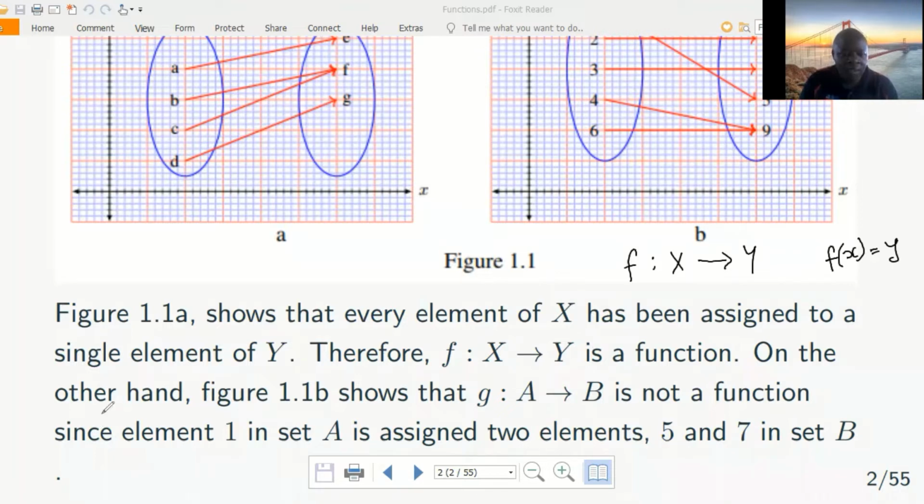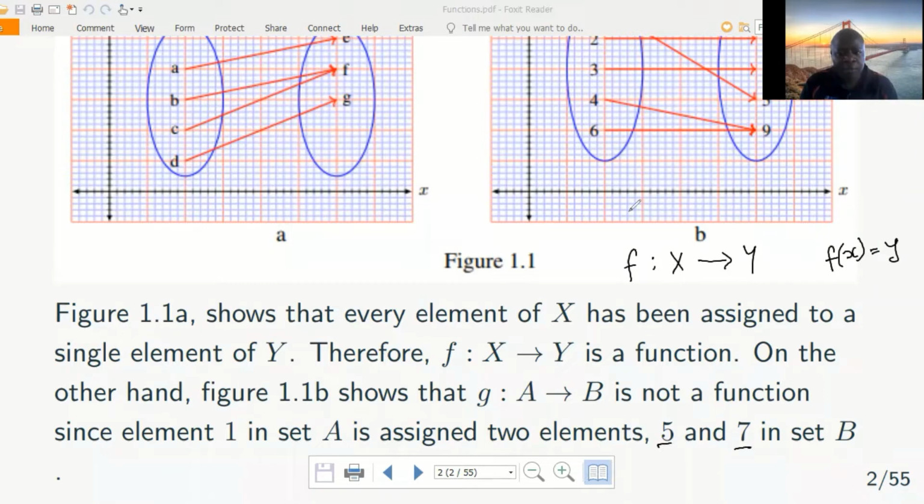On the other hand, I've said figure 1.1b, this figure here, shows that G, which assigns elements of A to those of B, is not a function. And we said the reason is that element 1 has been assigned two images, 5 and 7.